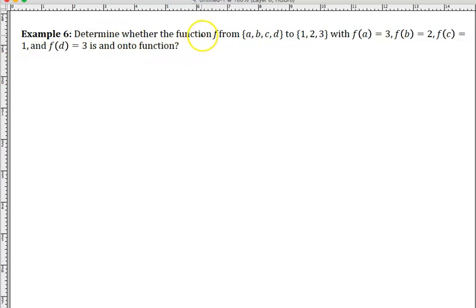Let's now look at this function, which is defined from A, B, C, D. This is the domain, and 1, 2, 3 is the codomain, with these rules. I'm going to draw an arrow diagram because it helps me visualize. A, B, C, D are my domain values, and 1, 2, 3 are my range values.